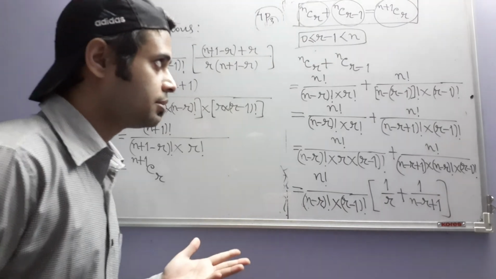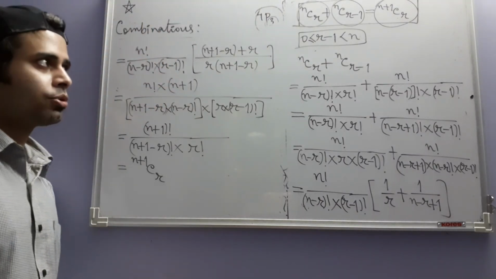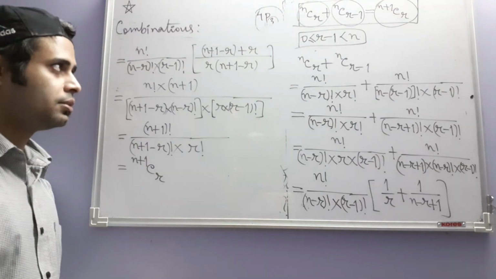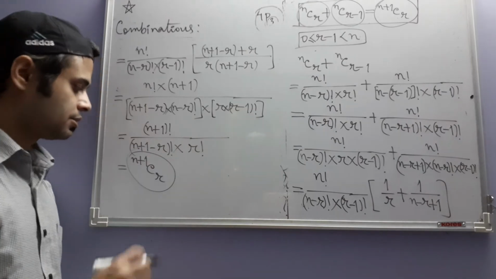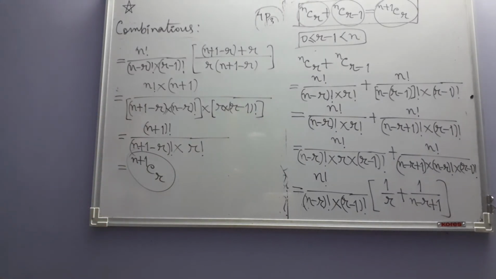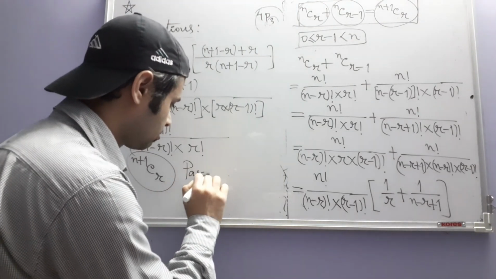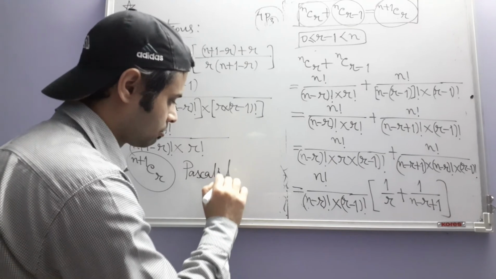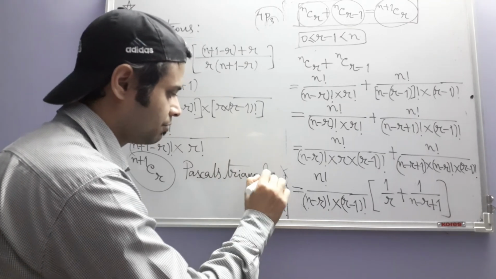This formula is very useful. It's used most often when we deal with problems which involve these binomial coefficients. And this formula leads to something called Pascal's triangle, which is a very interesting thing.